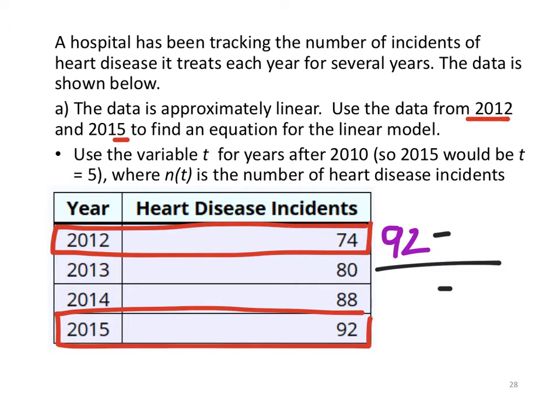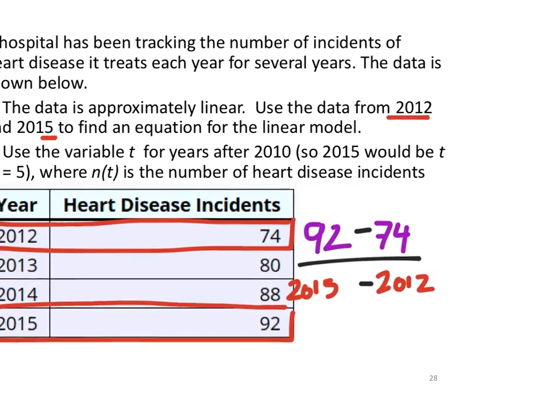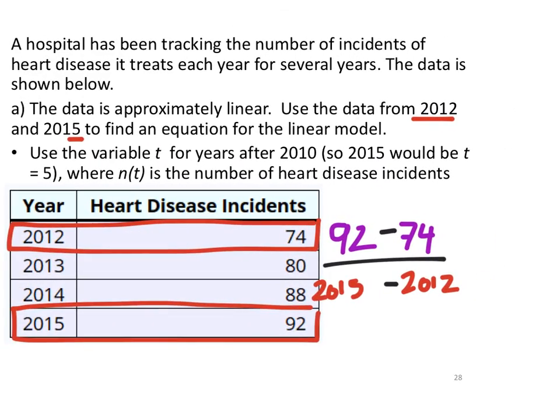You say, well, they ended with 92, they started with 74, and that was for the years 2015 from 2012, right? So this is the slope formula, really, that we're going to use now to figure out the rate of change.